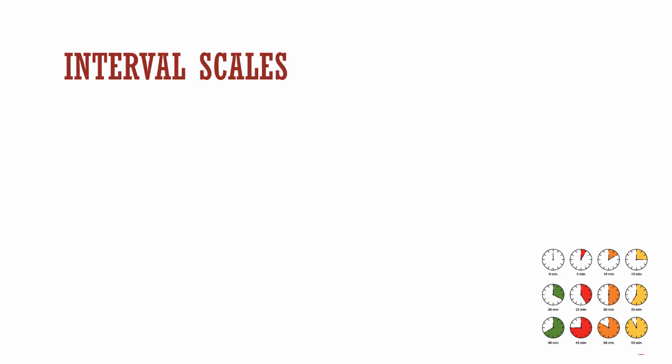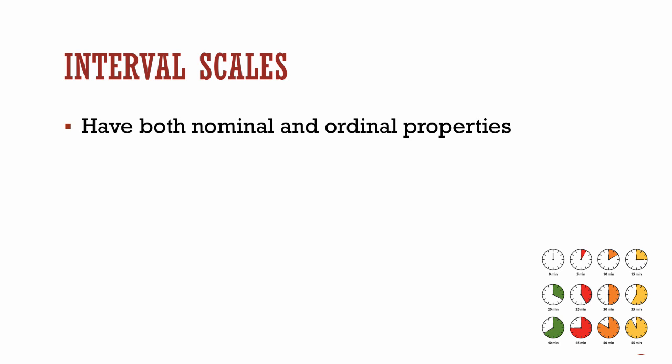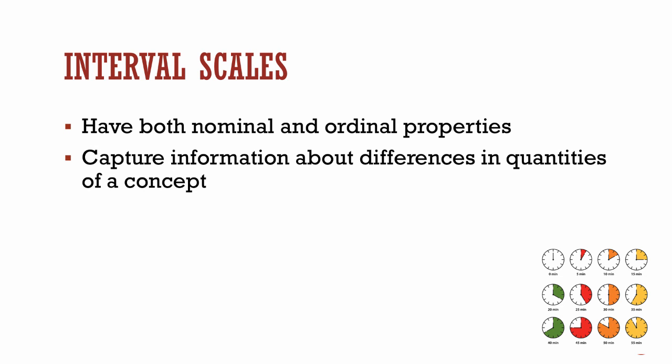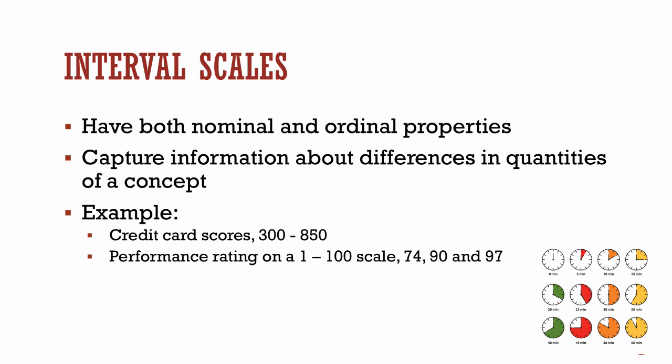Interval scales also represent an ordering based on relative amounts of a concept, but they also capture the differences between scale values. Examples of interval scales are credit scores and performance rating on a 1 to 100 scale. The distance between values is meaningful.